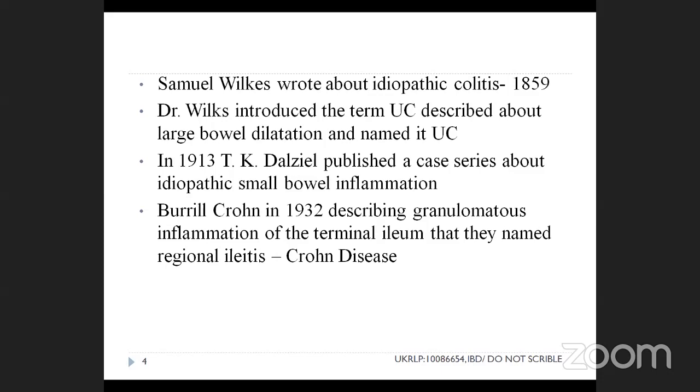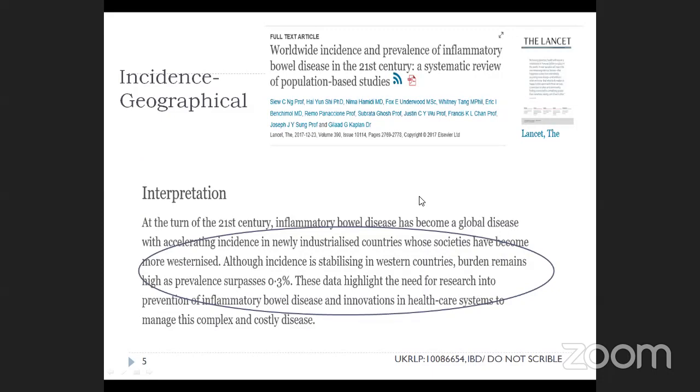Next, the incidence of the disease. These are the most important articles, which were published in the journals Lancet and Gut.